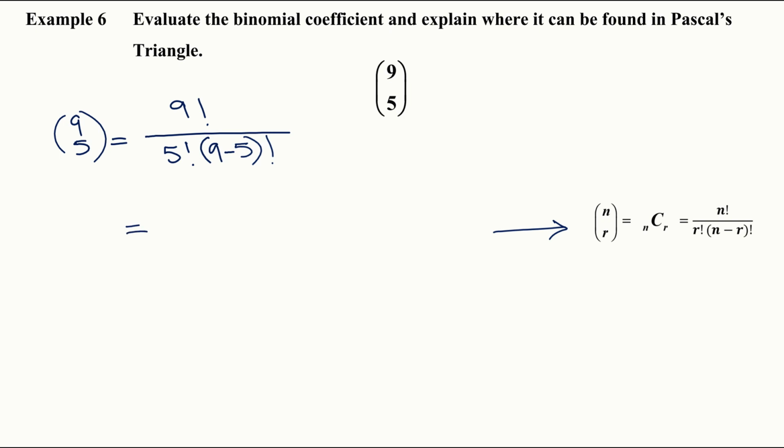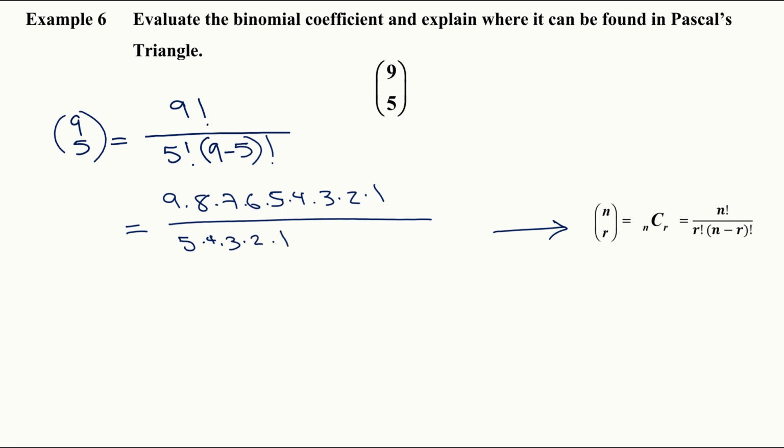So we get 9 times 8 times 7 times 6 times 5 times 4 times 3 times 2 times 1 divided by 5 times 4 times 3 times 2 times 1 times 4 factorial, which is 4 times 3 times 2 times 1.